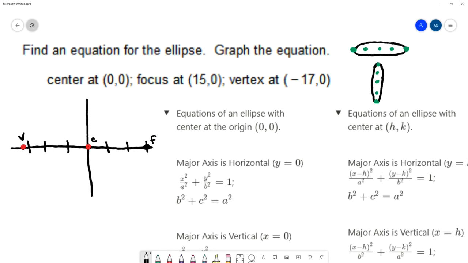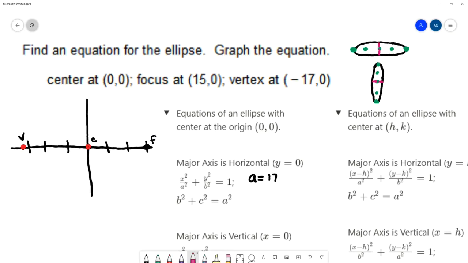So that distance is going to be 17. So we know the value of A. We don't know the value of B because the value of B is how wide the ellipse is, the shorter side. And we weren't given any information about that.